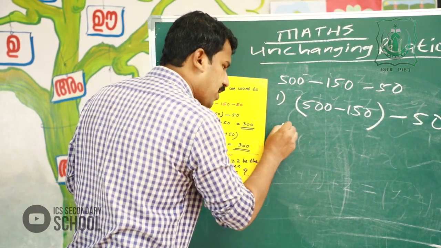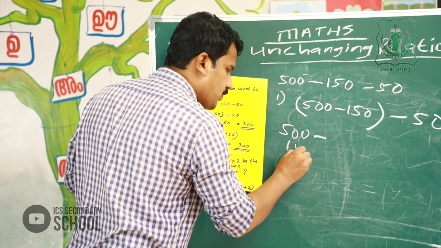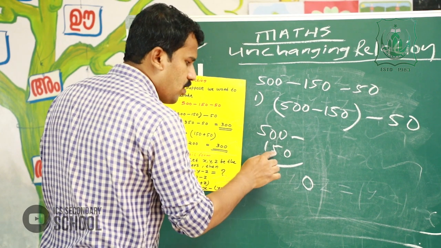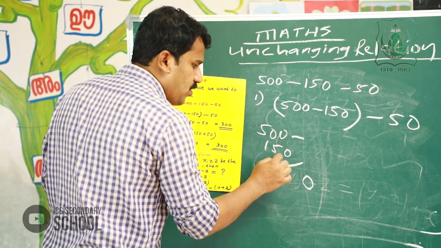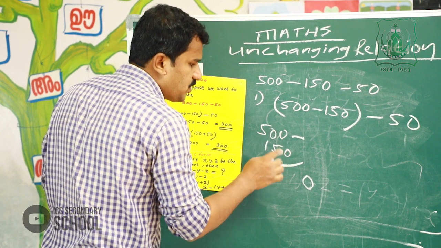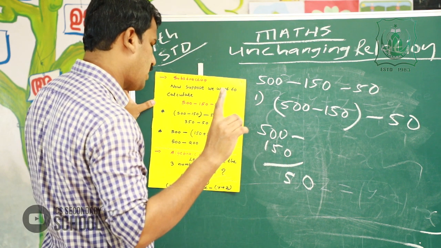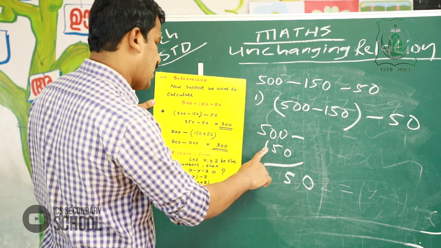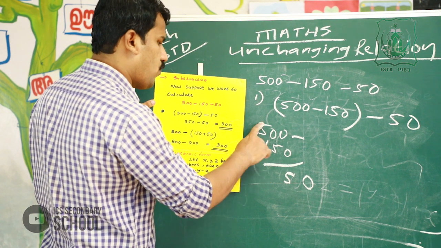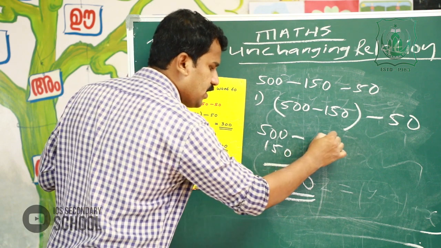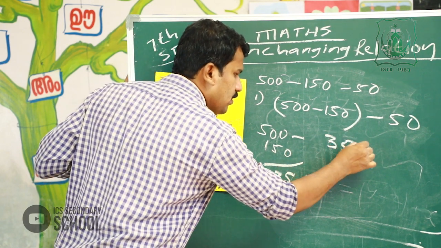So 500 minus 150 first: 0, then 10, 5, that is 5, remaining 1, then 1 plus 1, 2, 5 minus 2, 3. So 500 minus 150 is 350.